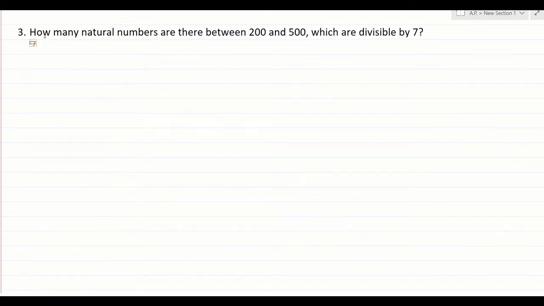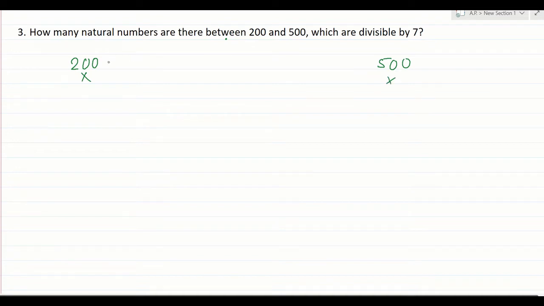Question number 3. How many natural numbers are there between 200 and 500 which are divisible by 7? So we are given the numbers 200 and 500. But the question has said between. So between means we cannot include 200 and 500.